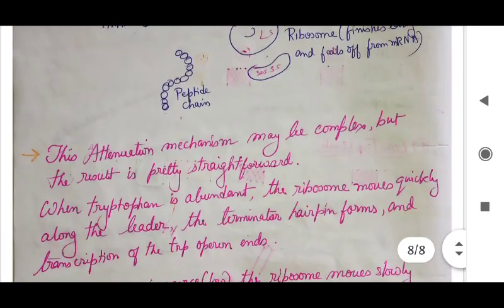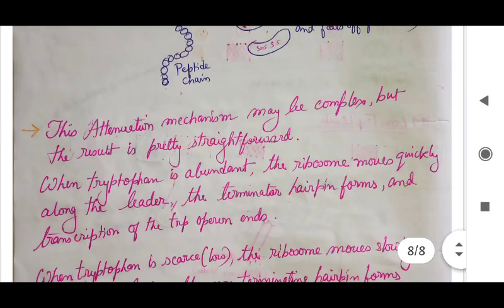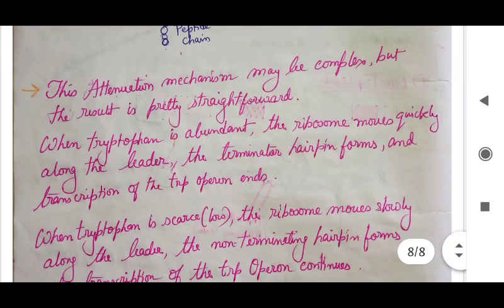So this attenuation mechanism may be complex, but the result is pretty straightforward. It looks very complex, but it is very simple, very straightforward. When tryptophan is abundant, the ribosome moves quickly along the leader sequence, the terminator hairpin will form, done by the attenuator, and the transcription process will stop.